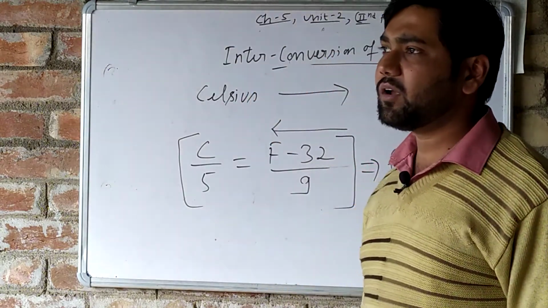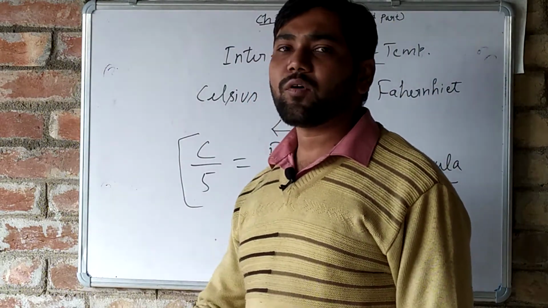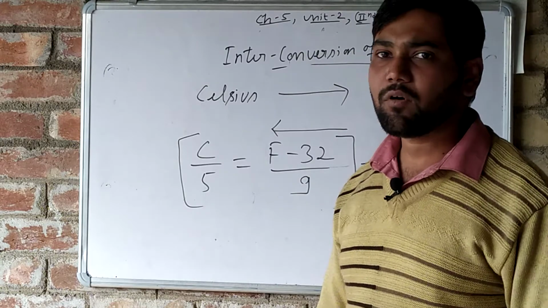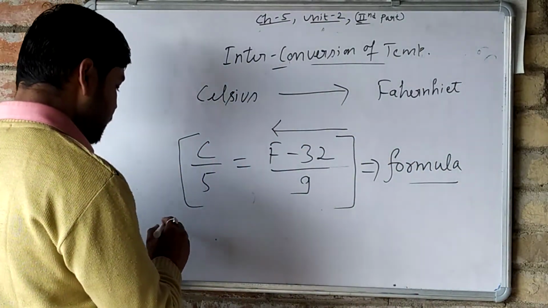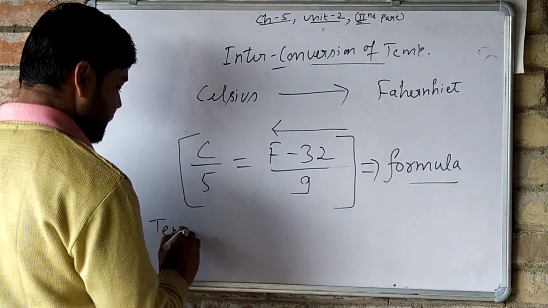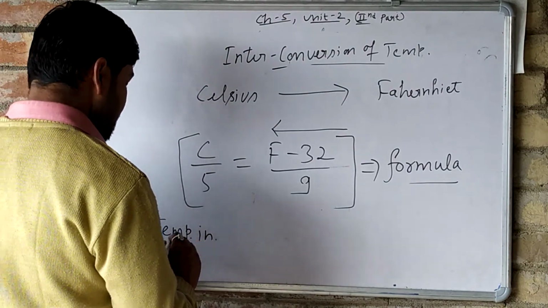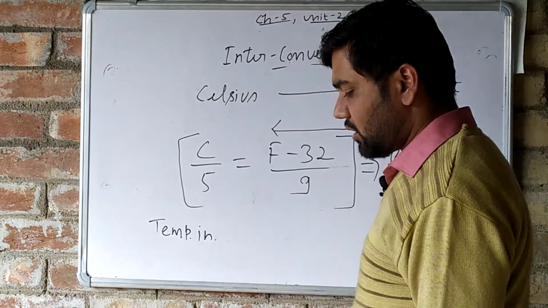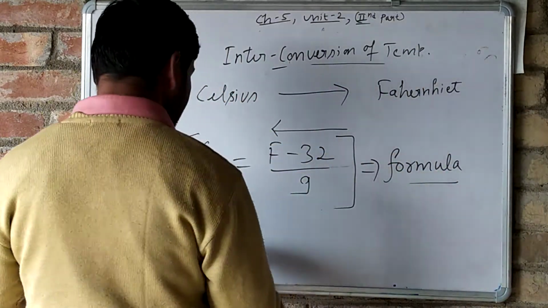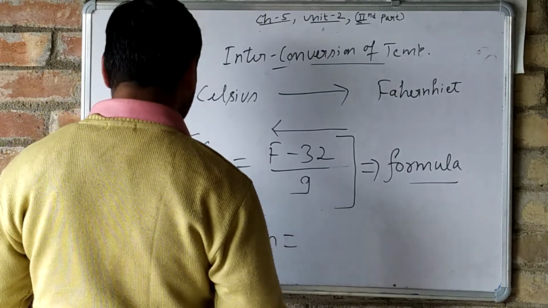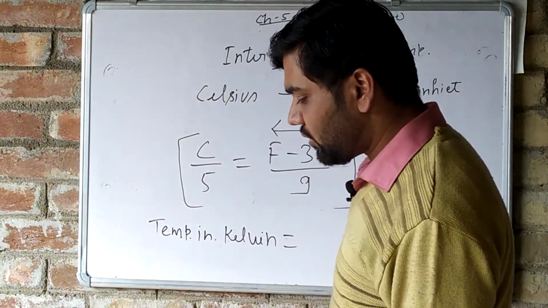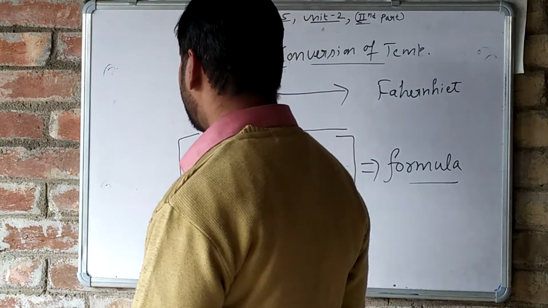And if the temperature is given in degrees Celsius and we want to find the temperature in Kelvin, which you have all already studied, what we will do is: temperature in Kelvin is 273 plus temperature in degree Celsius.